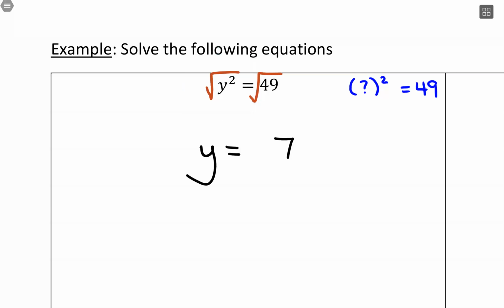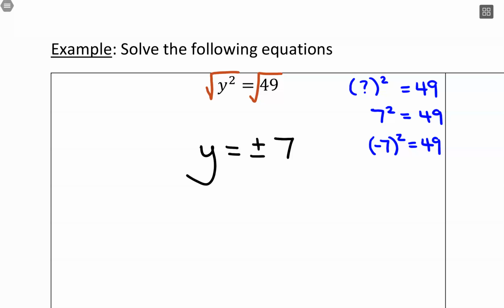The idea being that I could have positive 7 squared, and that does give us 49, but something that also works is negative 7 squared. That also equals positive 49. So that's where we end up with plus or minus 7.